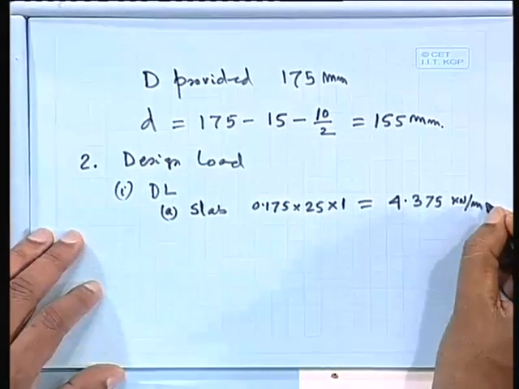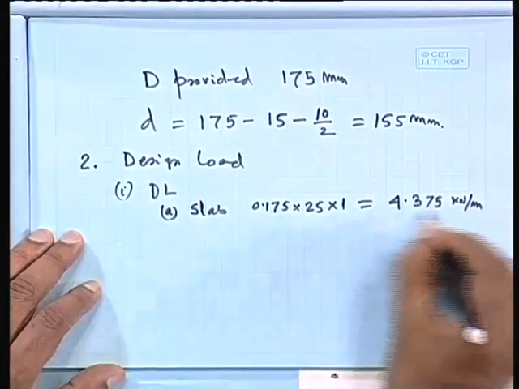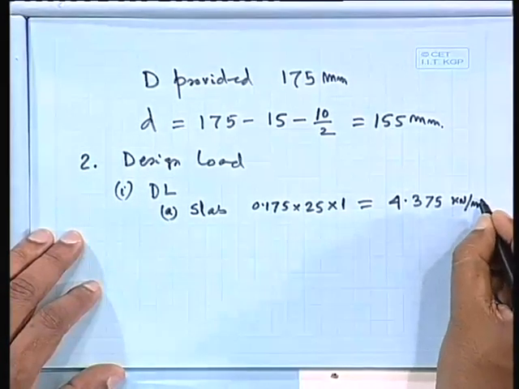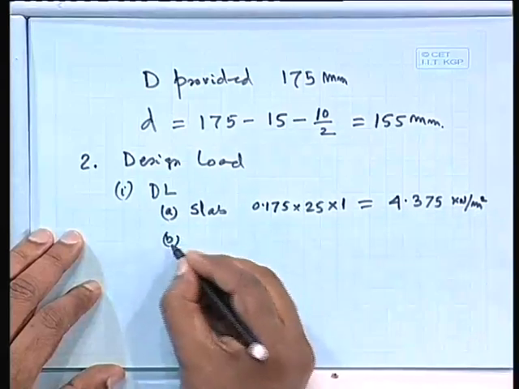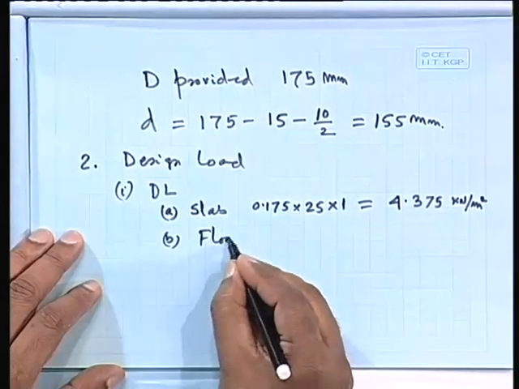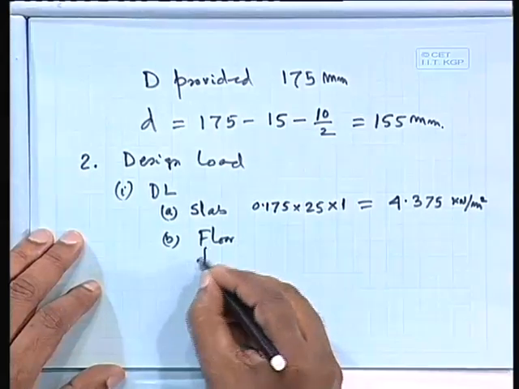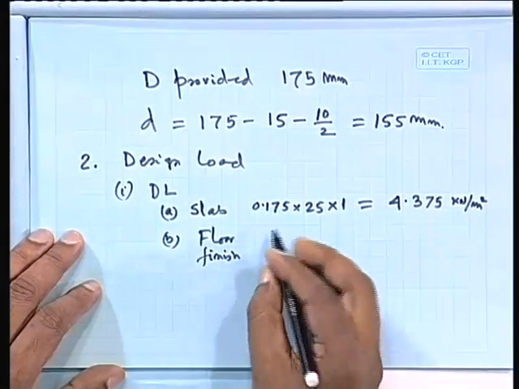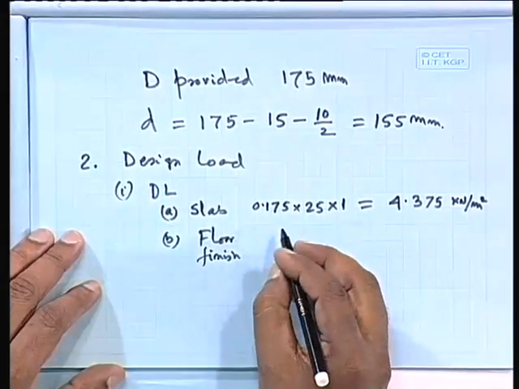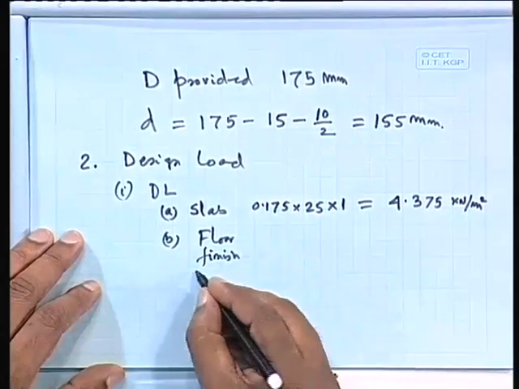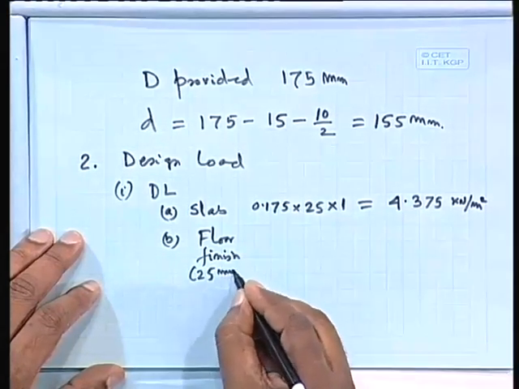Let us write down, for meter width we are talking, so I can write down per square meter. Floor finish, let us take floor finish of say 25 mm thick.